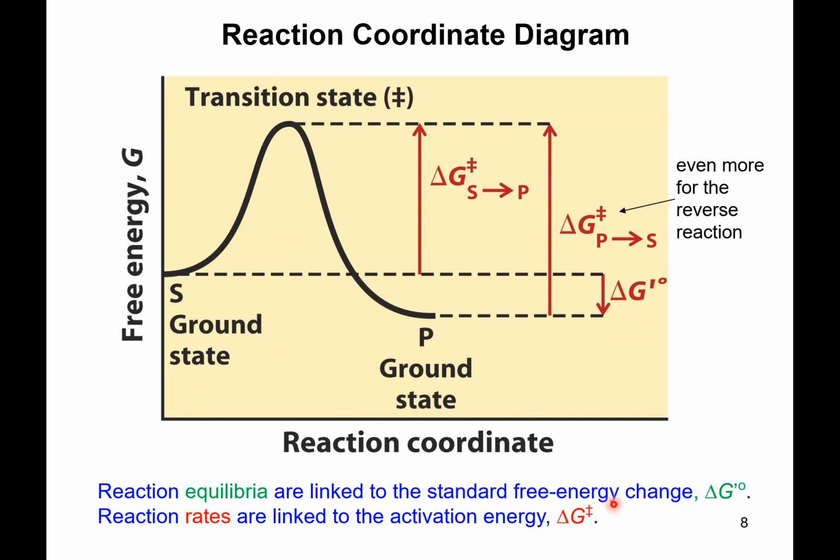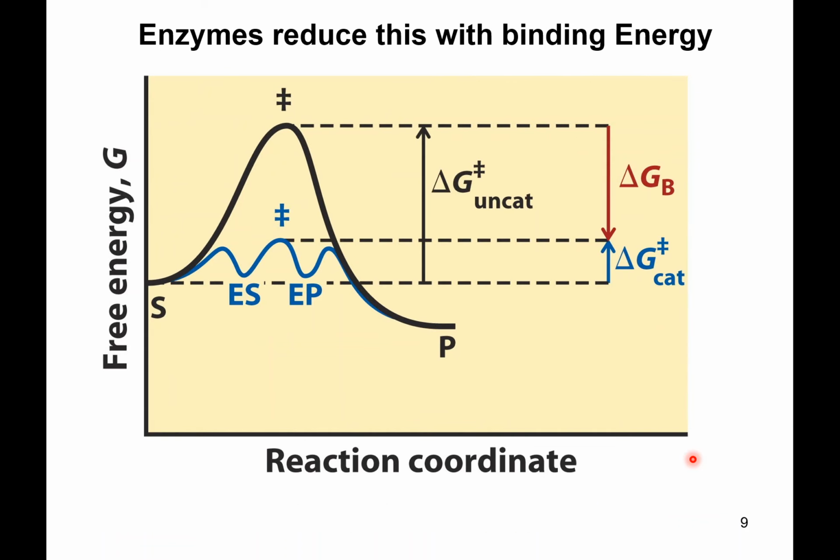Equilibria are linked to the standard free energy change. Reaction rates are linked to the activation energy. Okay, so equilibrium is linked to the delta G of this reaction. The rate of the reaction is governed by this transition state. So when we catalyze this reaction, we get the blue curve, right?